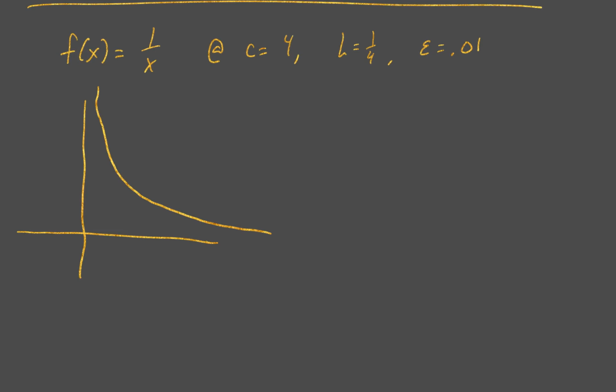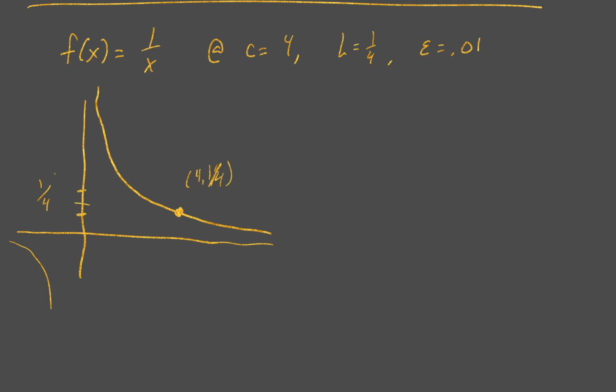So I've got my 1 over x curve, and then here at 4, 1/4, right, is where we're going to be focused. This is at 1/4. I'm going to go up just a little bit, and I'm going to go down just a little bit. The up just a little bit is 1/100th.